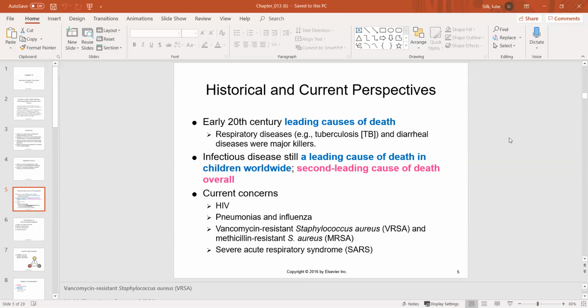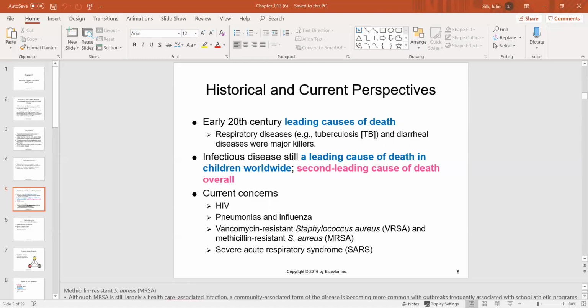Current concerns are things like HIV, pneumonias, influenza, vancomycin resistant Staphylococcus aureus, and methicillin resistant Staphylococcus aureus. And not too long ago, we had an episode of SARS, severe acute respiratory syndrome, that we were all concerned about.